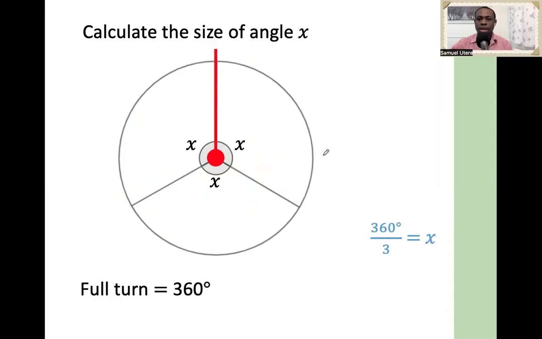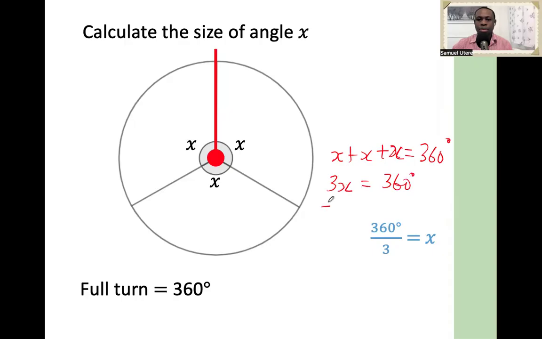So again, I want you to use this opportunity to practice your equation solving skills. We know x add x will be 360 degrees. We know that 3x, because x add x add x is 3x, is equal to 360 degrees.